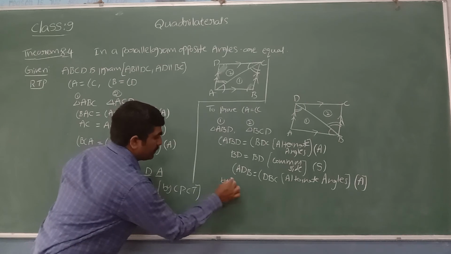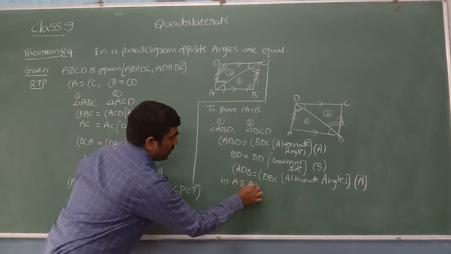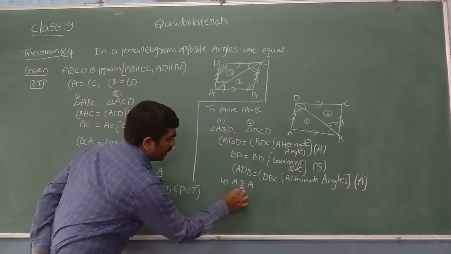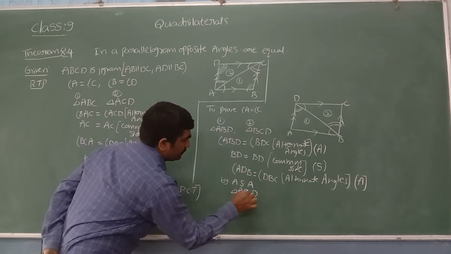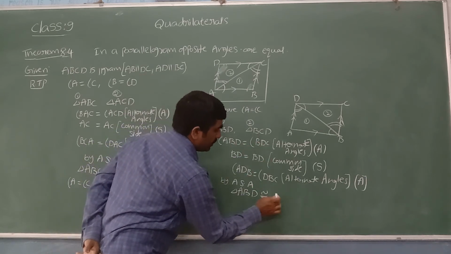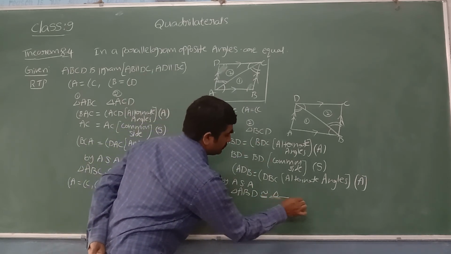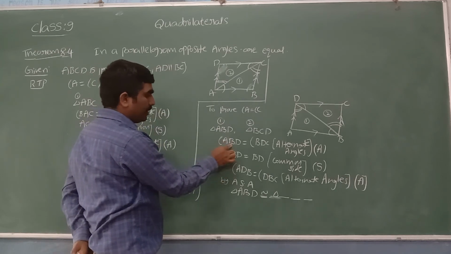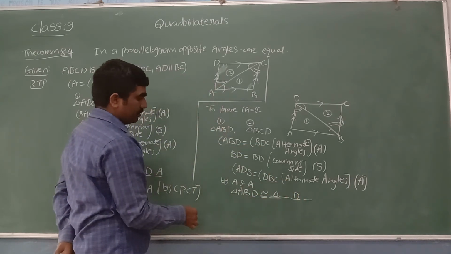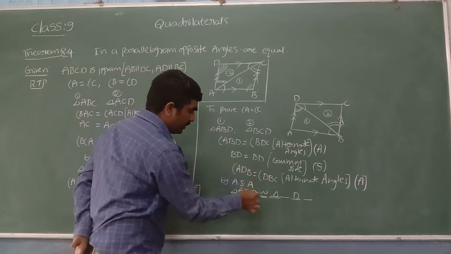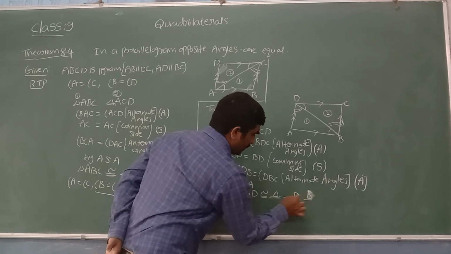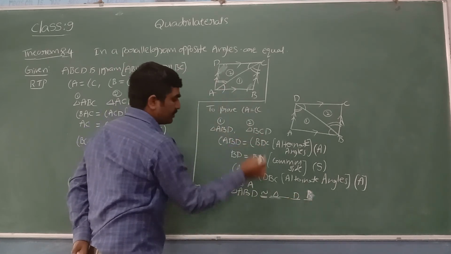Now we can write by ASA, angle side angle condition, both the triangles are congruent. Triangle ABD is congruent to triangle, keeping the order: in the place of B we take D, B middle so D also middle. In the place of D we take B, D last so B also last. D we finished, more C left. C.